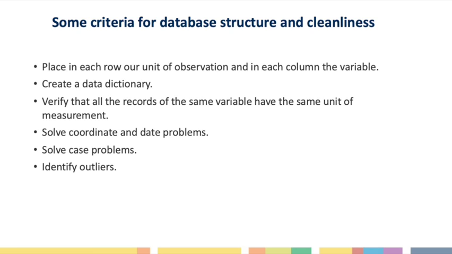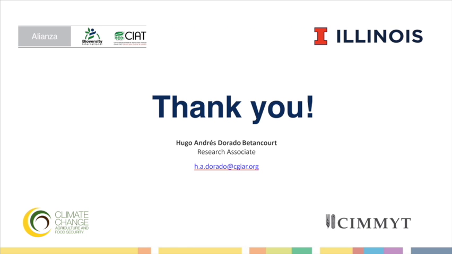So it's always important to try and solve these case problems and standardize each one of the qualitative variables. It's also important to identify outliers and establish a decision that we're going to take based on those outliers, if those rows are going to be removed, or if they're going to be included as missing data to process afterwards.